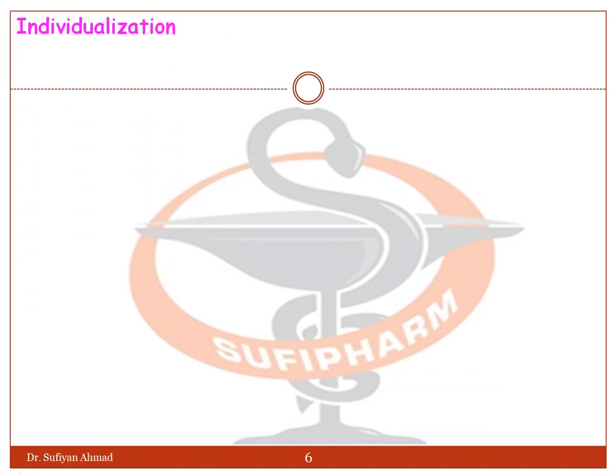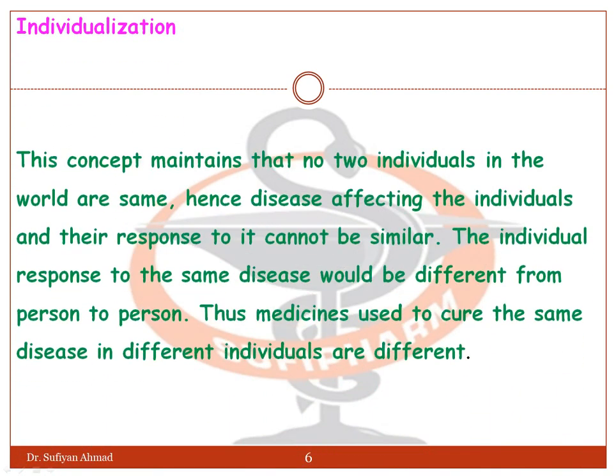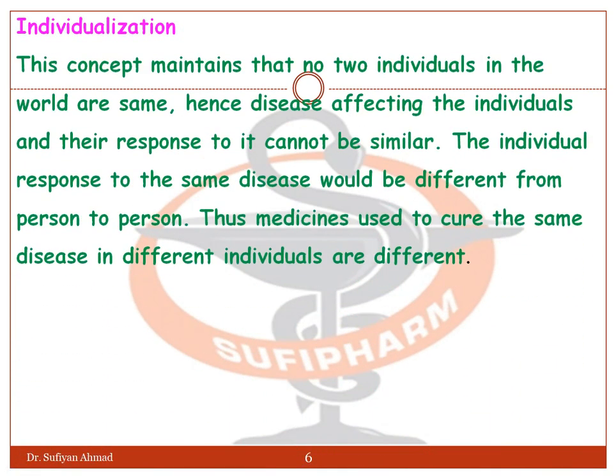Individualization: this concept maintains that no two individuals in the world are the same, hence the disease affecting an individual and the response to it cannot be similar, and the individual response to the same disease would differ from person to person. Thus the medicines used to cure the same disease in different individuals are different.